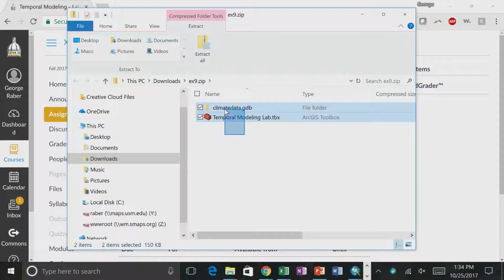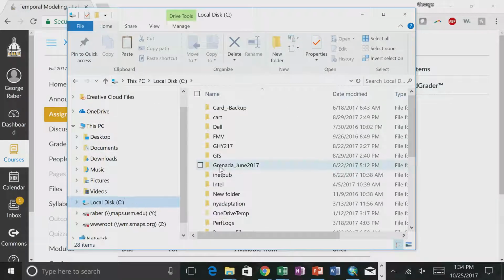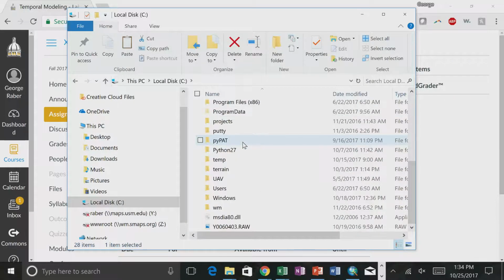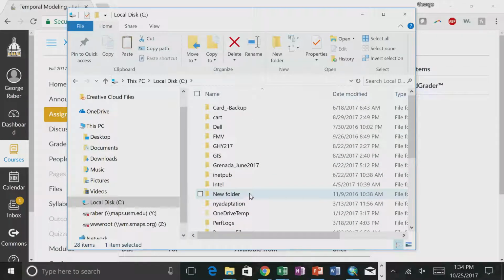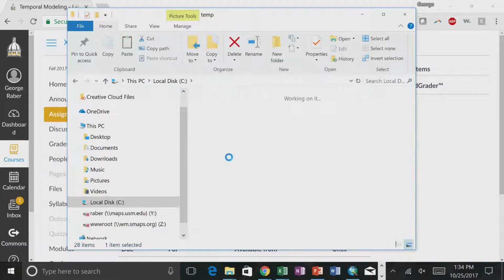I'm going to put this, so there's a file geodatabase and there's a toolbox that I have. I'm going to put this in C temp SA, isn't it?